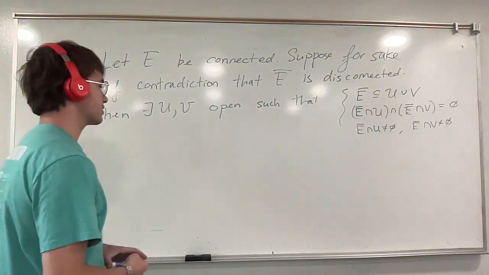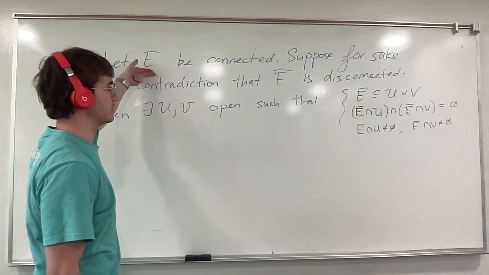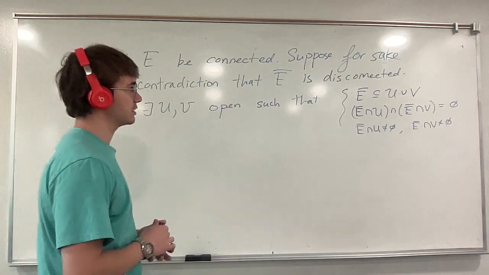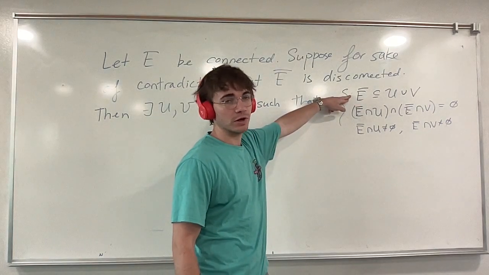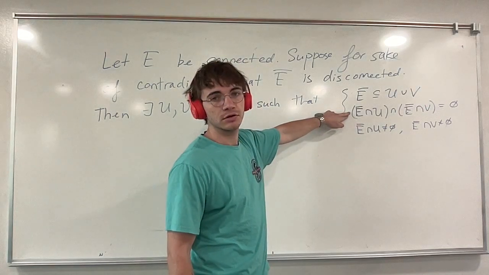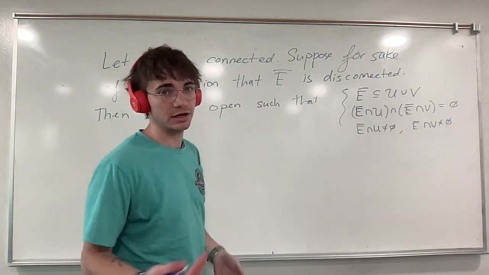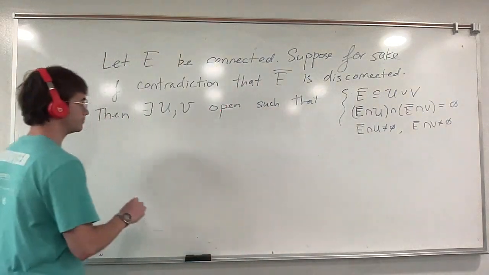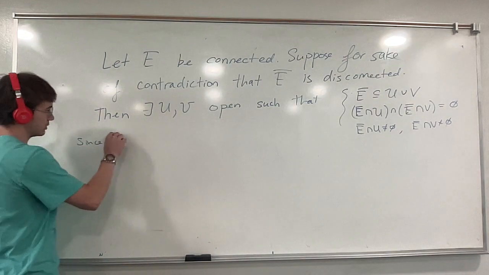And now we want to ask ourselves, how do I derive the contradiction that I want, that ultimately U and V must separate E? Okay, so since E is a subset of E closure, this first condition is going to hold for E as well, and the second condition will also hold for E. So the condition that must fail if E is connected, and therefore cannot be separated by U and V, is this third condition.